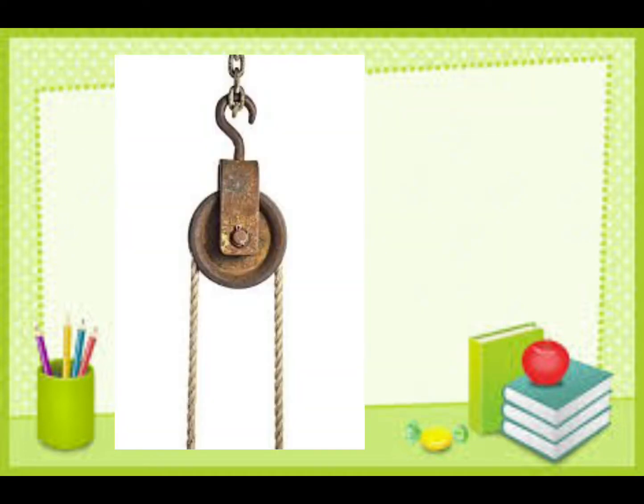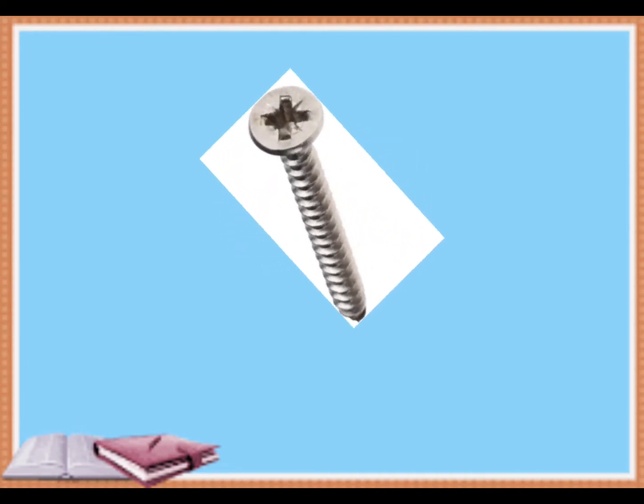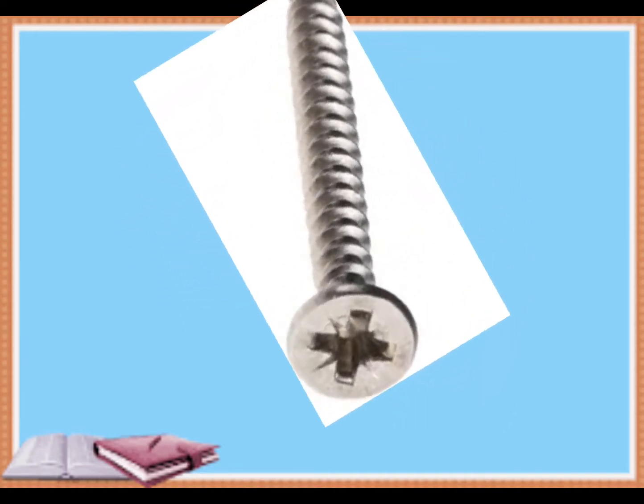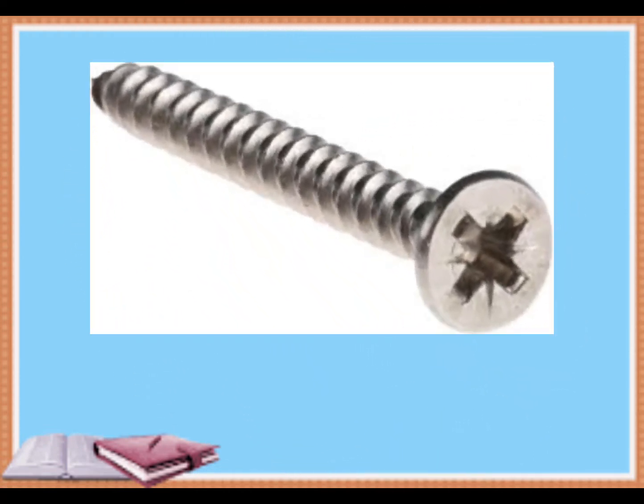Next is this picture. And you know, class, it is called pulley. Next is this picture, and I know that most of us are familiar with this. Do you know, class, what is this thing? Yes, class, it is called the screw.